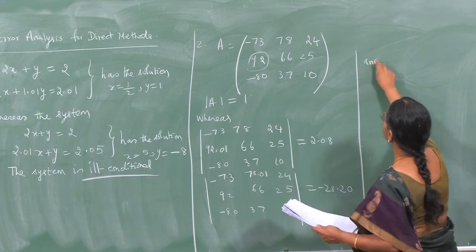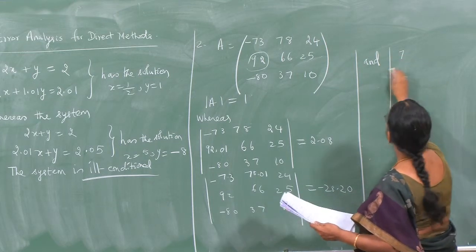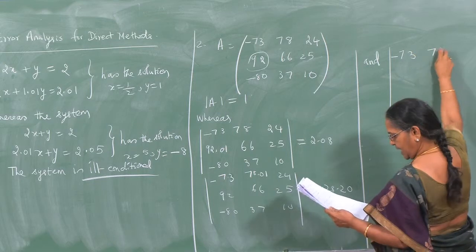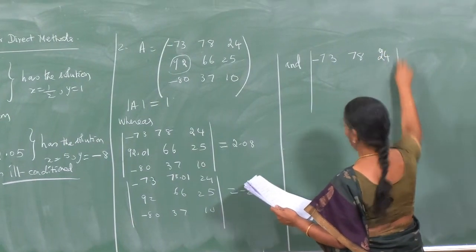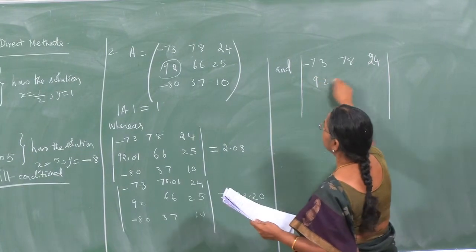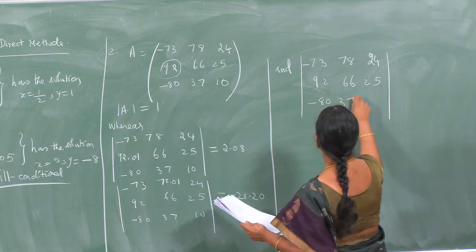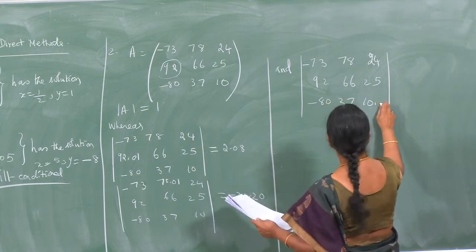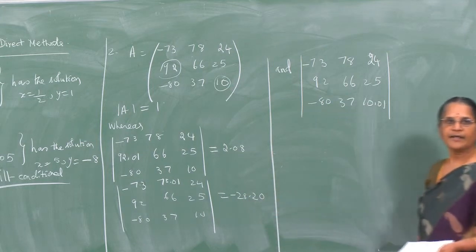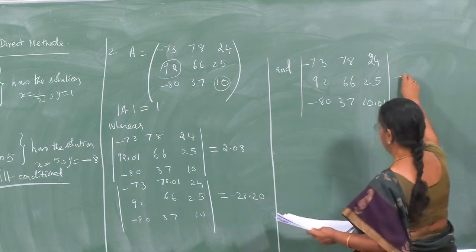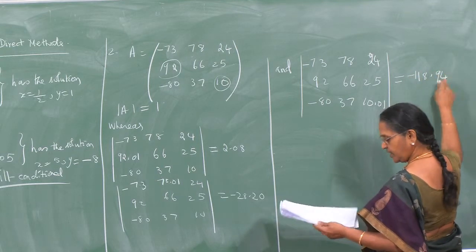And if I consider the determinant with entries as minus 73, 78 and 24, 92, 66, 25, minus 80, 37, say I make a small change in this entry, then you observe that the determinant turns out to be minus 118.94.